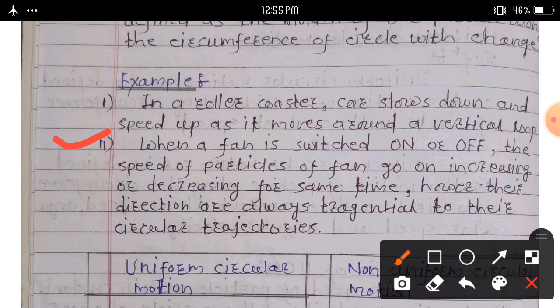However, their direction is always tangential to their circular trajectory.